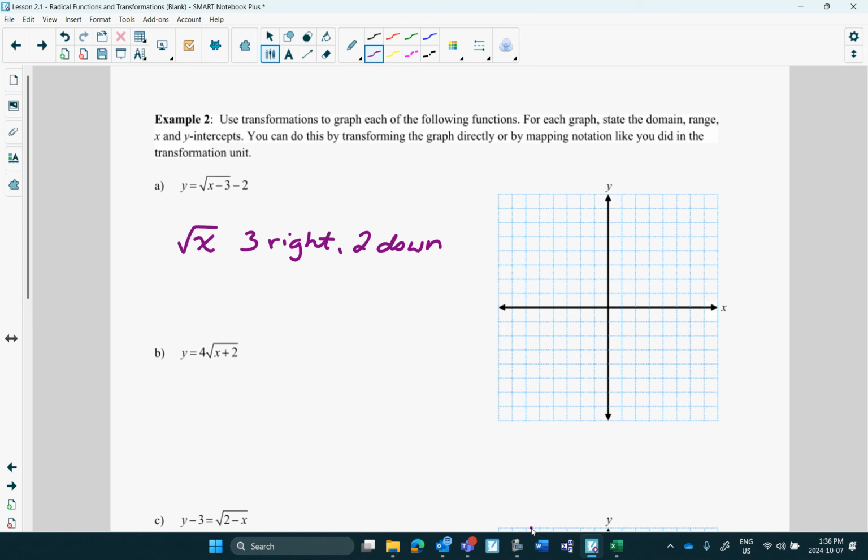Here's where we start: 0, 0, 1, 1, 4, 2. But from 0, 0 in root x, I go 3 right, 2 down, I start here. From 1, 1, I go 3 right, 2 down, I'm here. From 4, 2, I go 3 right, 2 down, I'm here. There's my graph. And I'm going to do 2 graphs on one.